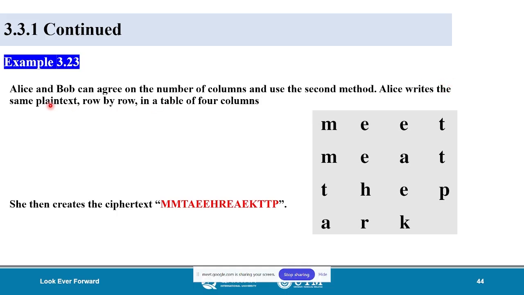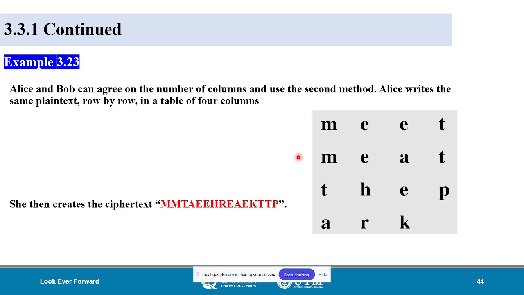Let's write the same plaintext row by row in a table of 4 columns. Now we will write meet me at the park, and then encrypt it, this way and this way.